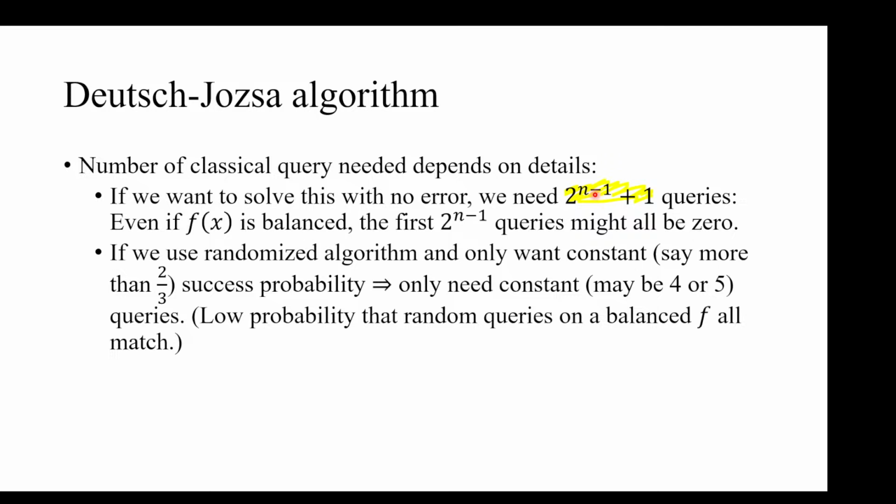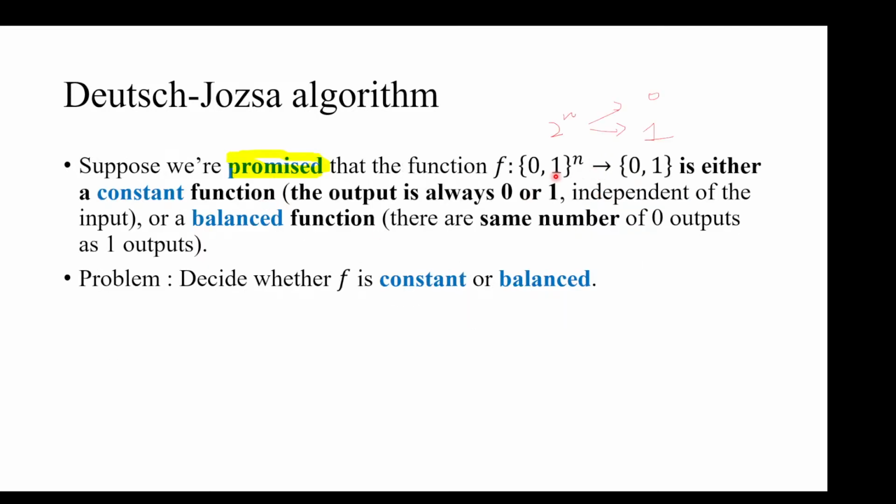You want to see whether your function is balanced or constant, and basically what you'll do is feed in different inputs and look at the output. When it's a constant function, you will always see the same output, always 0 or always 1. When it's a balanced function, sometimes it will be 0, sometimes it will be 1.